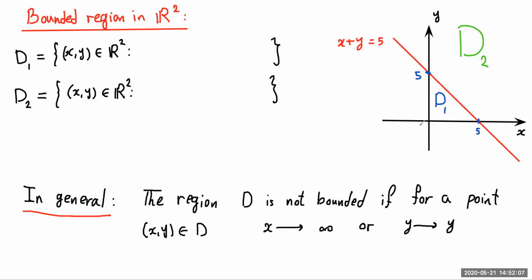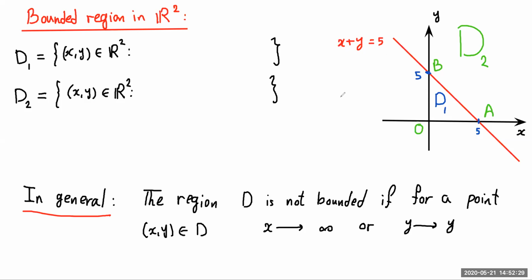If this is point O, this is A, this is B, all the points from O to A are included in D1, and also from O to B, and from A to B. The region D1 has this line, x plus y equals 5.